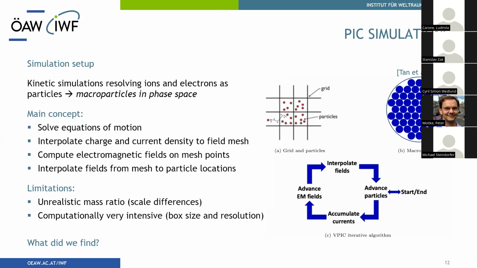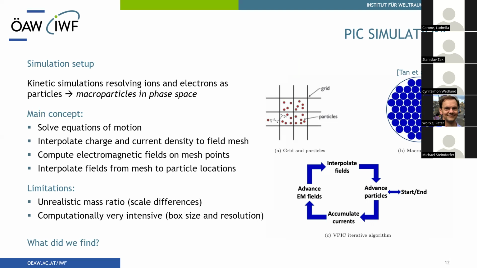To make your life a bit easier, you don't treat individual particles, but you group them into these macroparticles. You can still easily have numbers of particles in your simulations of around 10 to the 12 or 10 to the 13. But if you compute everything in phase space, particles with very similar parameters will most likely move very similarly, and so you can compute it with macroparticles.